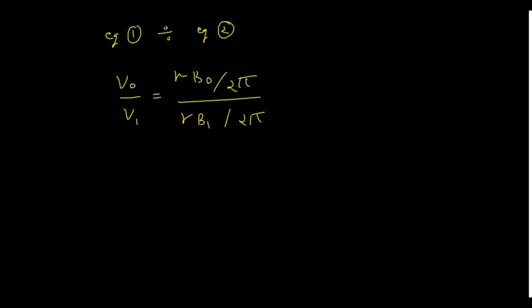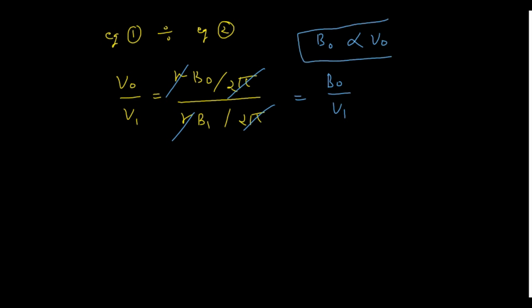Sorry for my bad handwriting. The 2 pi and gamma cancel out, and what you are left with is B0 divided by B1, which explains the concept of NMR spectroscopy: magnetic field is directly proportional to the Larmor frequency.